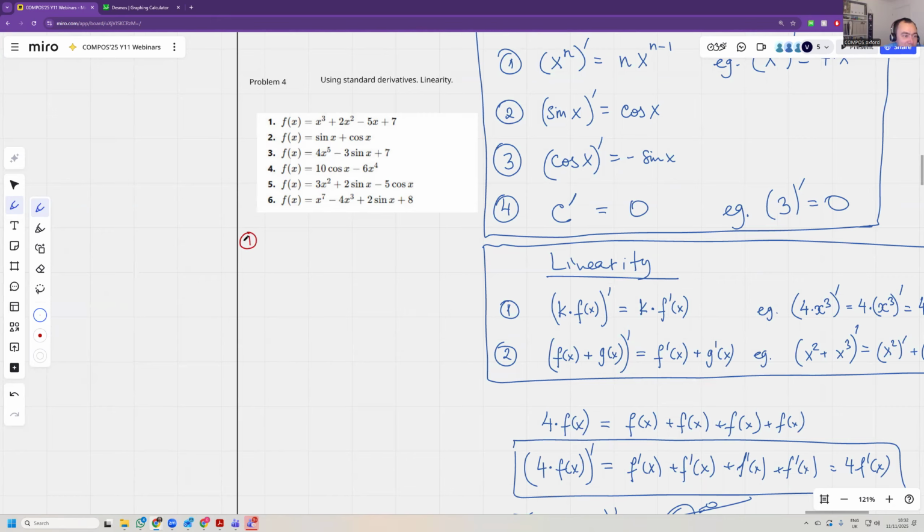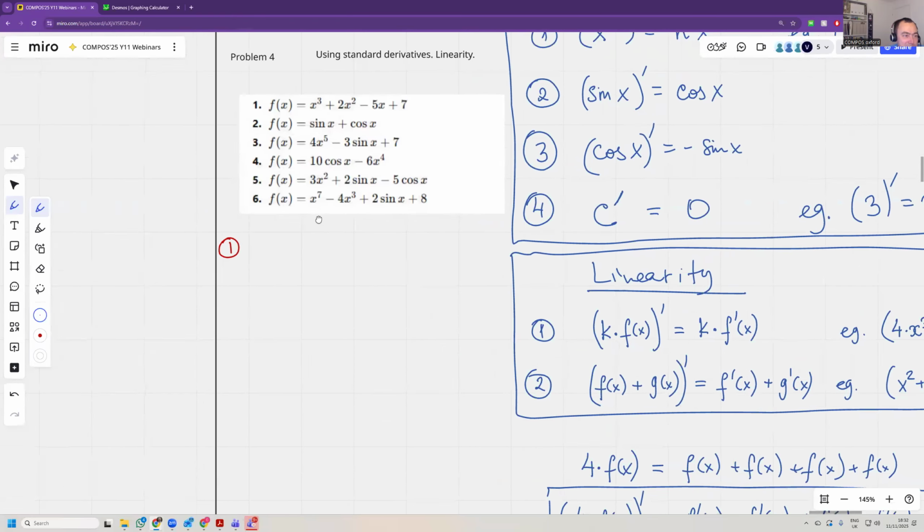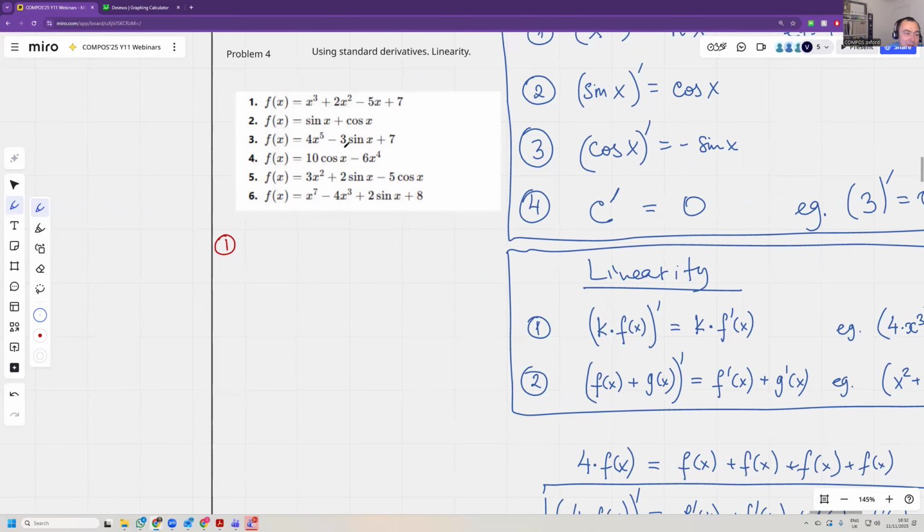Question 1: x cubed plus 2x squared minus 5x plus 7. You're allowed to do them separately. Just do each derivative separately, and f dash of x is equal to 3x squared plus 4x minus 5.